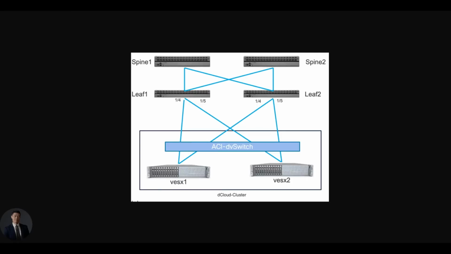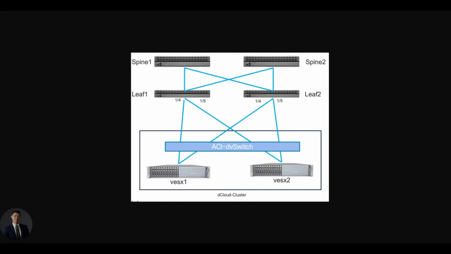We also instantiate the API relationship between the APIC and the vCenter that allows the APIC to create a new DV switch for the ESXi host. It is a vSphere distributed switch, okay?